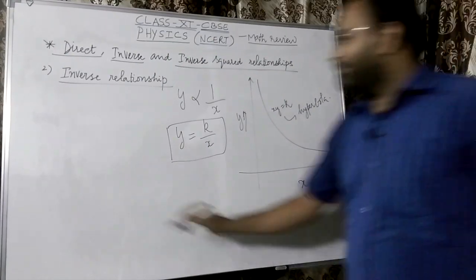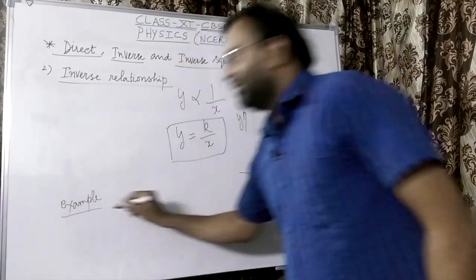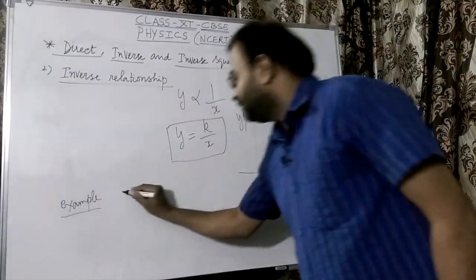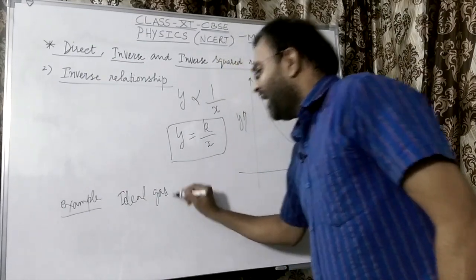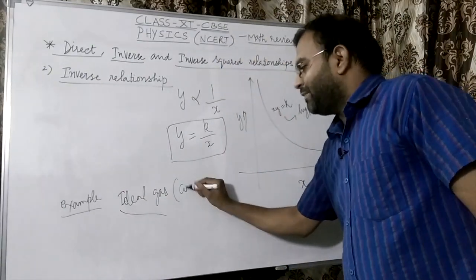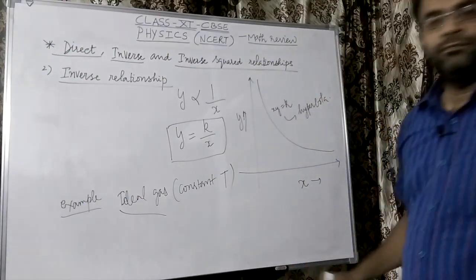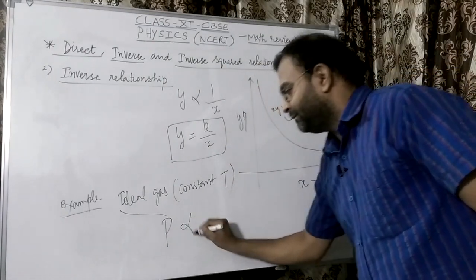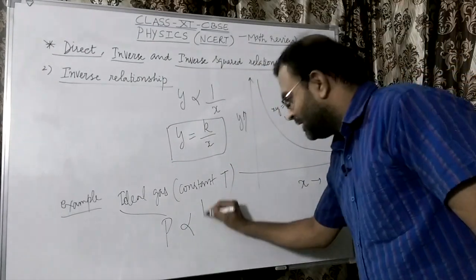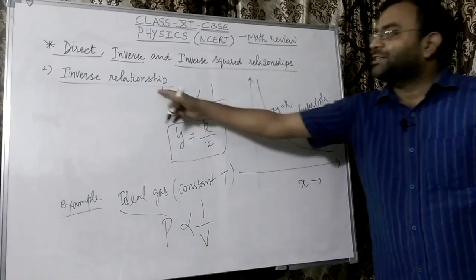Now, if you want an example for this in physics, a very common example can be that of an ideal gas. An ideal gas kept at a constant temperature: as you increase the pressure, the volume decreases. So, the pressure and volume are connected by an inverse relationship.